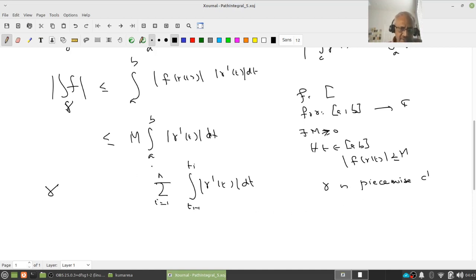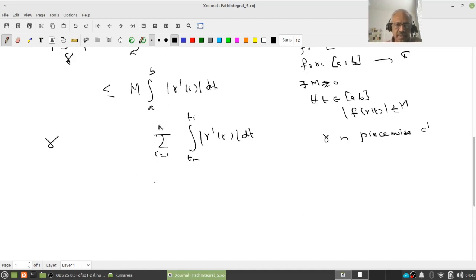Once gamma is given, this number depends only on gamma. Notice that these are all finite, because on a closed and bounded interval t i minus 1 to t i, gamma prime is continuous, so modulus gamma prime is continuous. Therefore this is a finite sum, and a finite number. Do you understand? So we denote this constant by L of gamma.